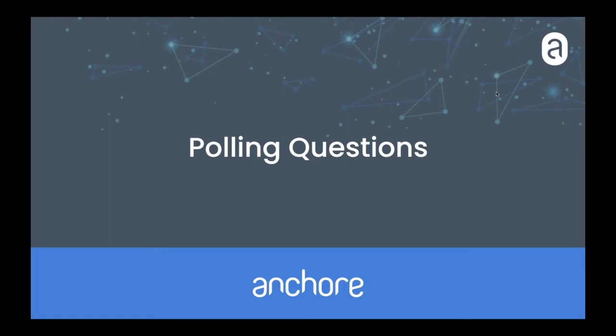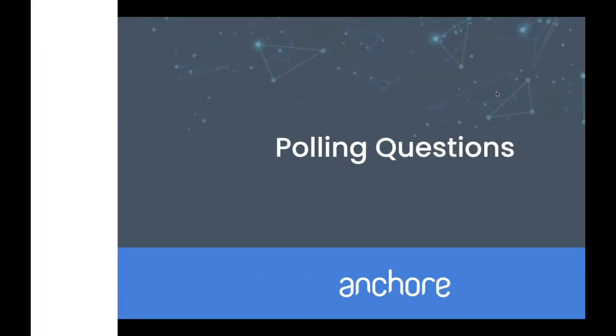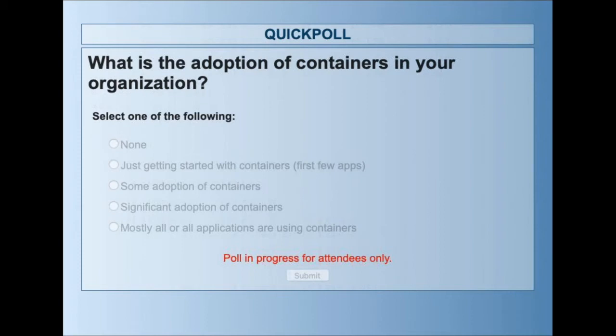Let's go on to our next slide. We're going to do a few polling questions while we're waiting for everybody to join. It gives you a chance to get to know each other, and us a chance to get to know you. The first polling question is about the adoption of containers in your organization. How much are you adopting containers? You can click the option that is most relevant to you, whether you're not using containers or just getting started, some adoption, significant adoption, or whether you are very heavily focused on containers with most of your apps.